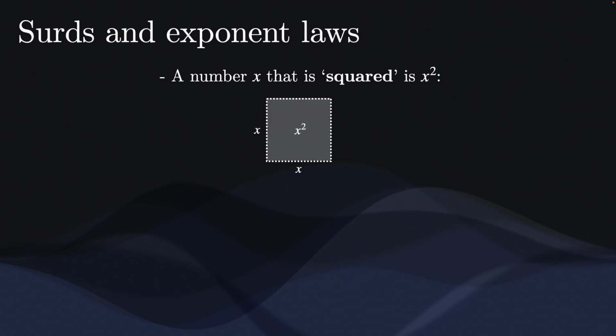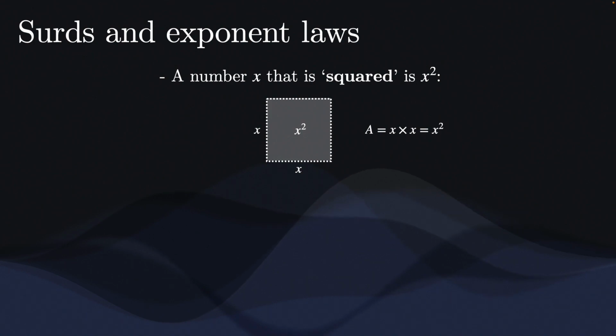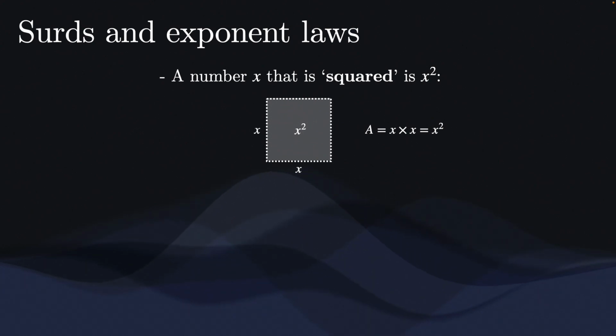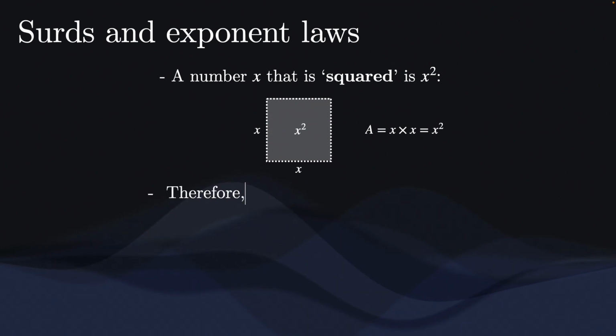Therefore, we say that the area of a square is x squared, where x is the side length. So if we square a number, we turn it from just one side length into a square. And x squared would then be the area of the square with the side length of x.